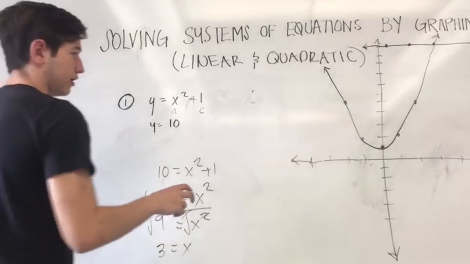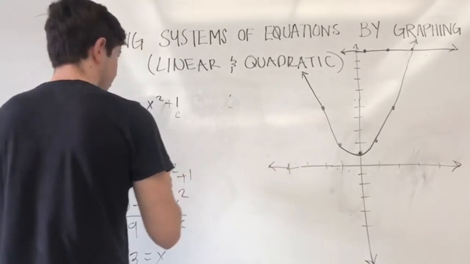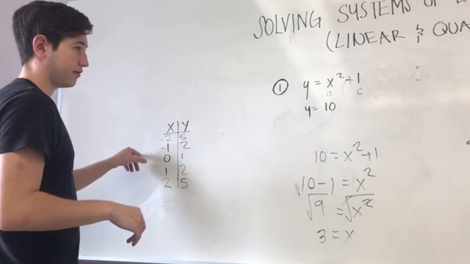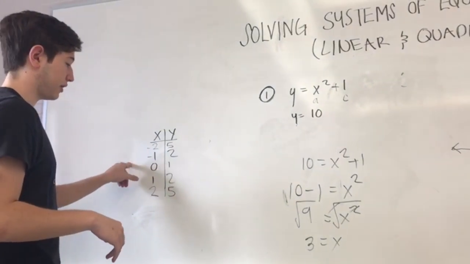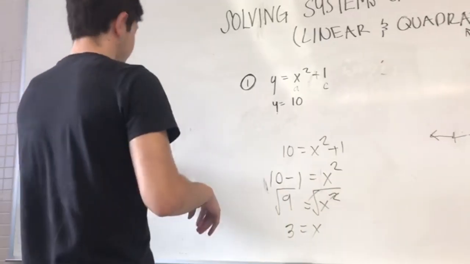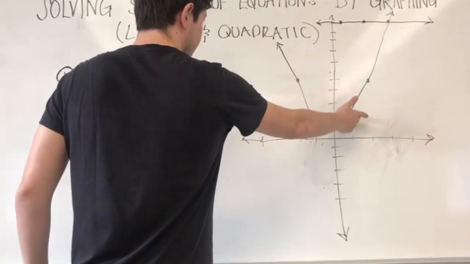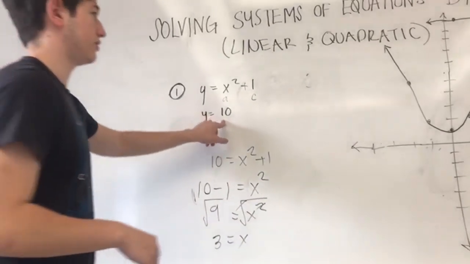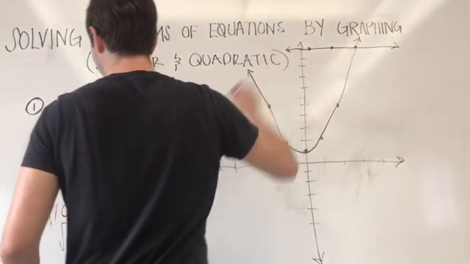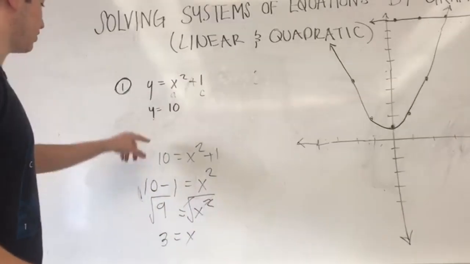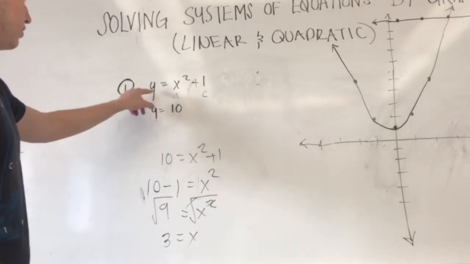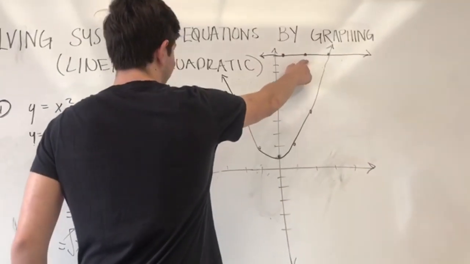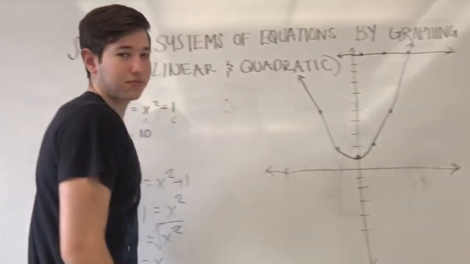After getting the result of negative b divided by 2a, you do a table of values, and by a table of values you will get the parabola, and here it is. Then after that you have this value that is y equals 10, so you put it here, but you also have this, and you can replace 10 with y here, and then by doing this you get 3, that is one of the values, and then you just plot it out as a straight line.